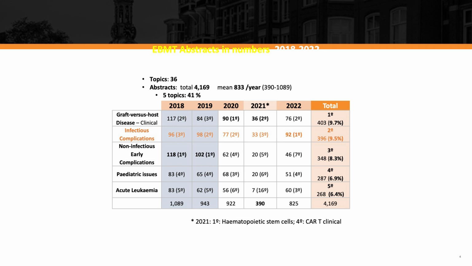As you can see, infectious complications is the second most popular topic of these 5, and it varies from first place in 2022 to third place. So infectious complications are a very popular topic, and many people send abstracts to the Congress.